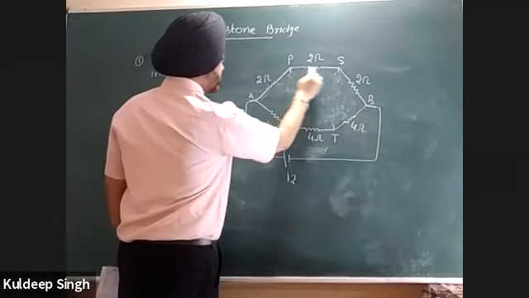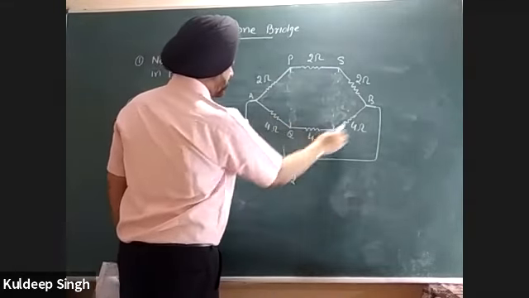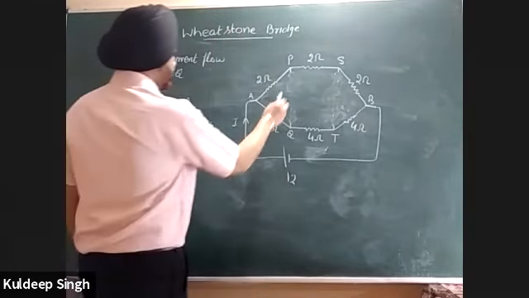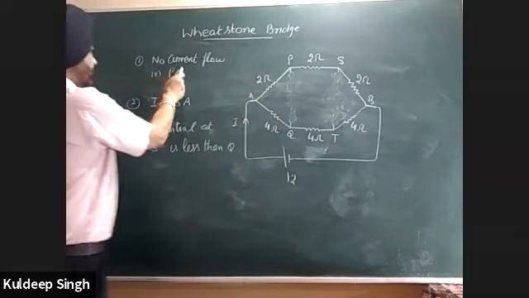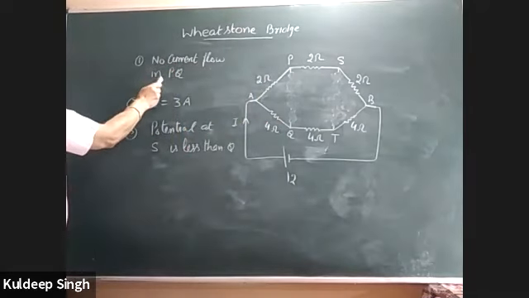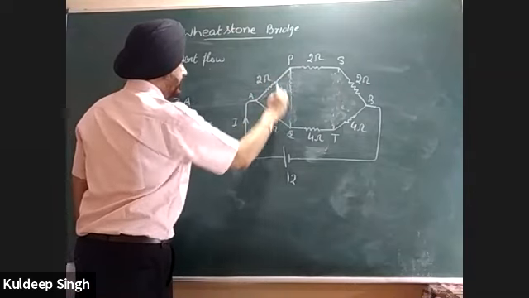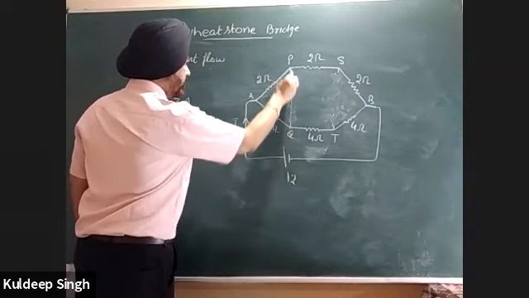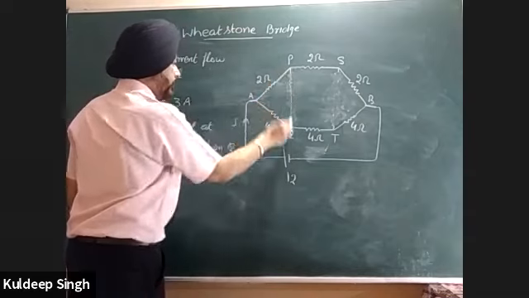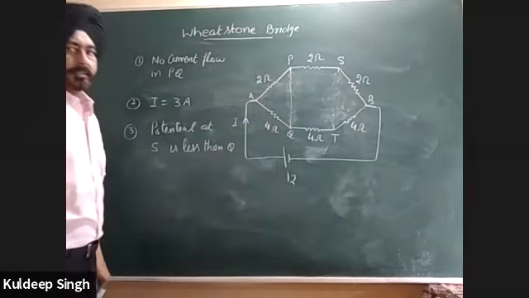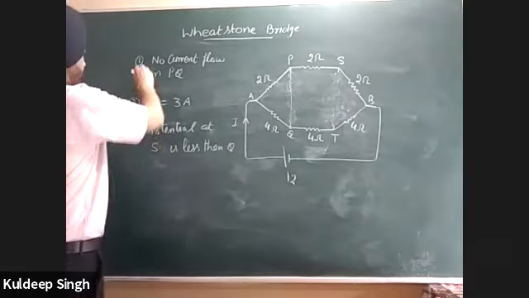This is total 6 and 12 ohm. So therefore, for the first option, because it is a balanced Wheatstone bridge, no current will flow through P and Q because P and Q are at the same potential. Therefore, the first option is correct.